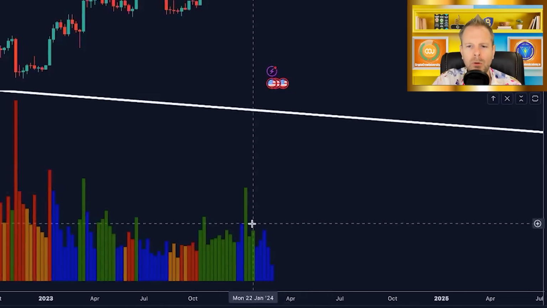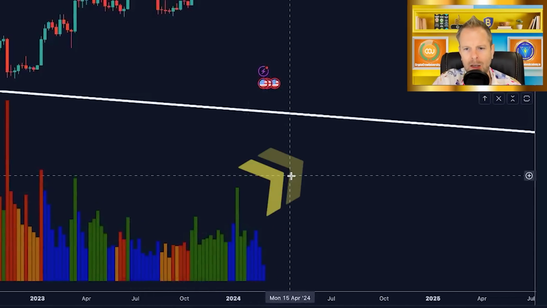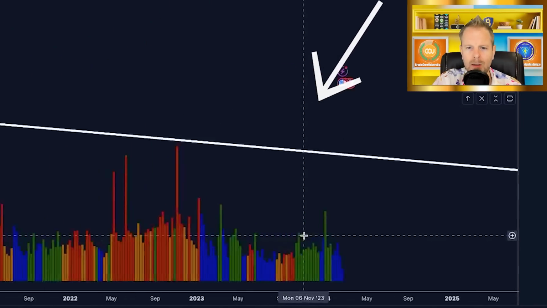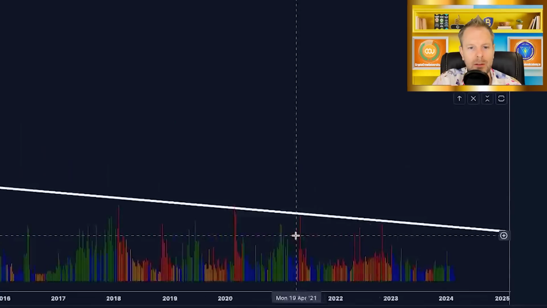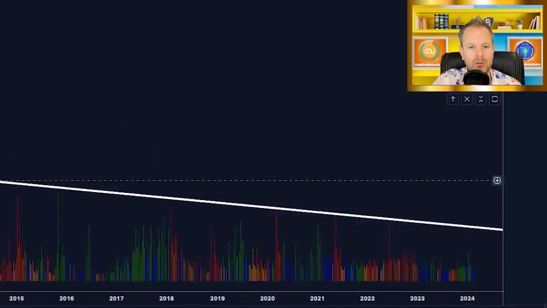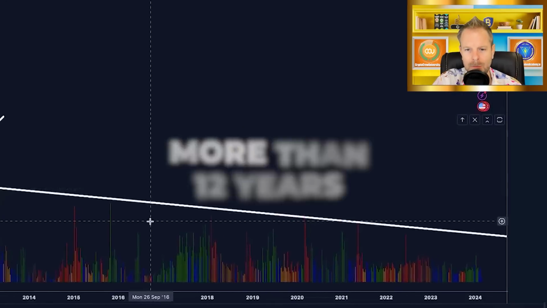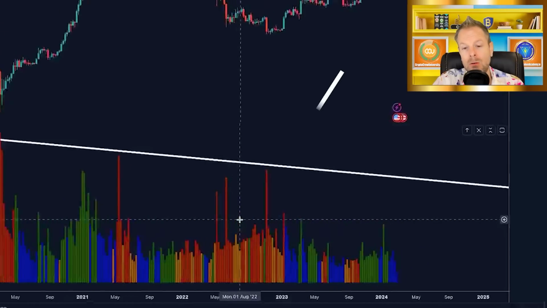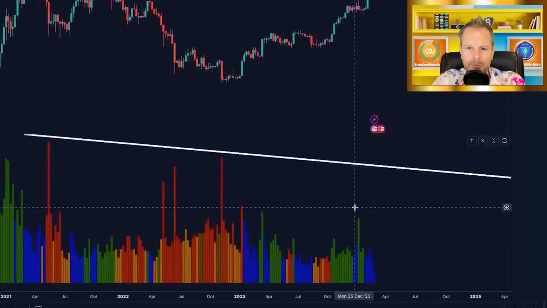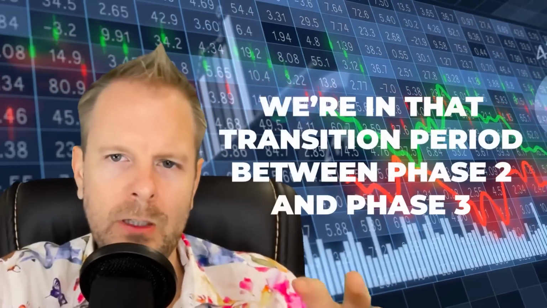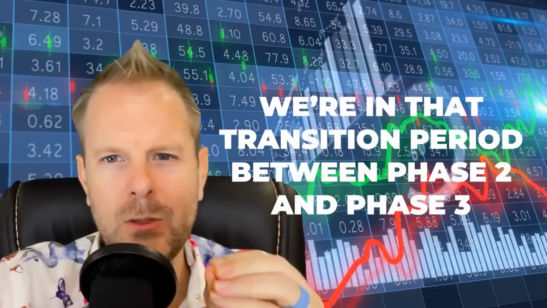It's likely that we're going to transition into higher and higher volumes as we move into our resistance zone that we have been forming for more than 12 years, forming this downtrend in our volume, right? But what you'll notice is we're in that transition period between phase two and phase three.